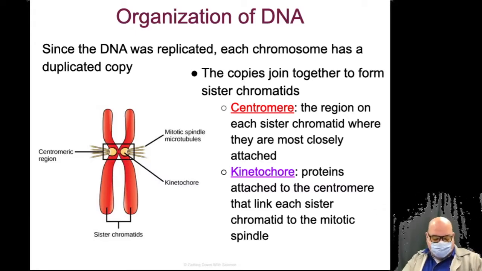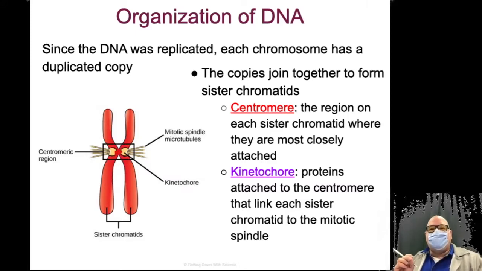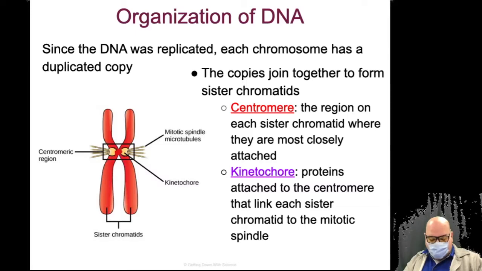It lines up in this place called the centromeric region. So chromatids will have this little bundle in the middle called the centromere, and that is where they're going to connect together and hang out. So what are these two things called? These are called sister chromatids.